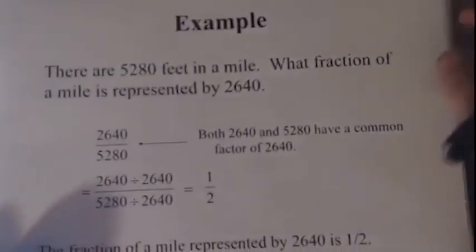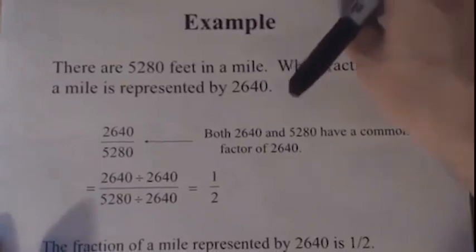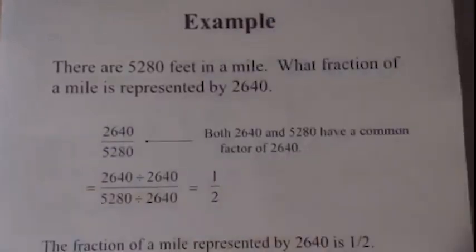We'll finish up here with this example that I have worked out. There are 5,280 feet in a mile. What fraction of a mile is represented by 2,640? Now we can divide the top and bottom by the same number repeatedly to get to our reduced form.